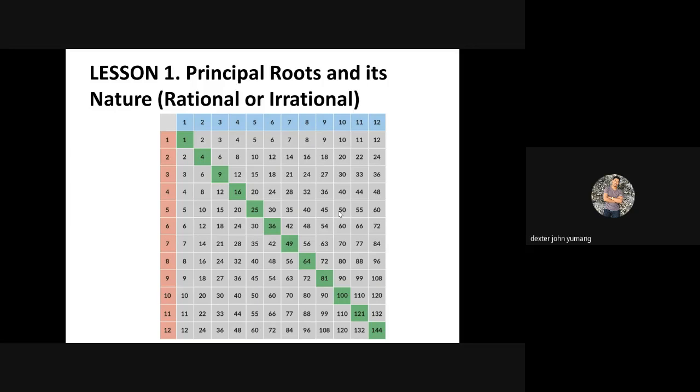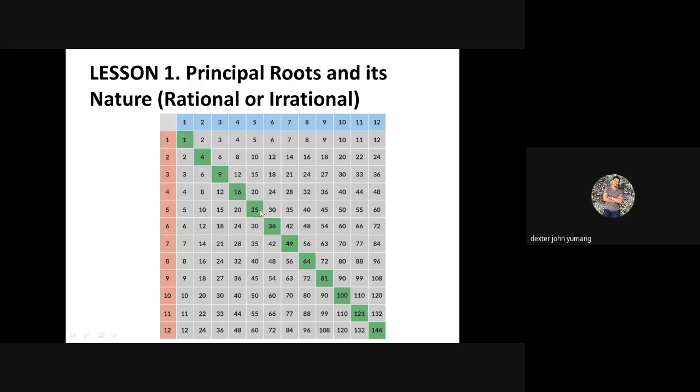So this has some relevant information. Can you look at the green boxes? We have 1, 4, 9, 16, 25, 36, 49, 64, 81, 100, 121, and 144.